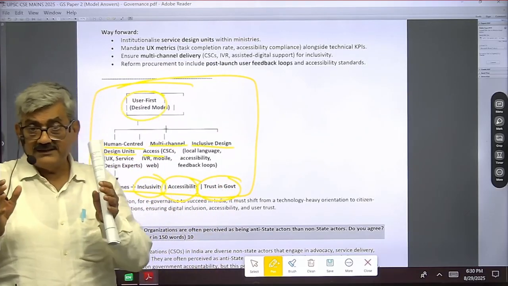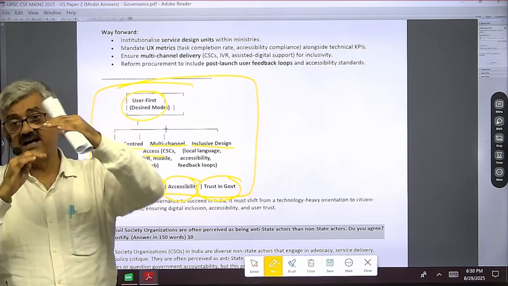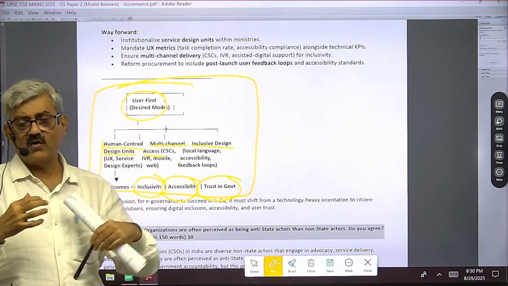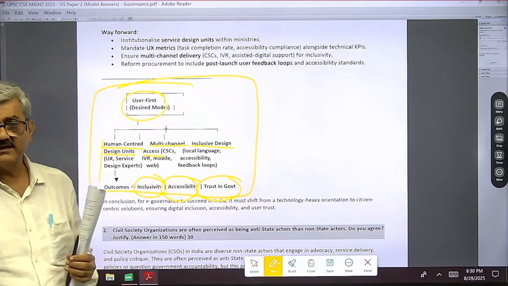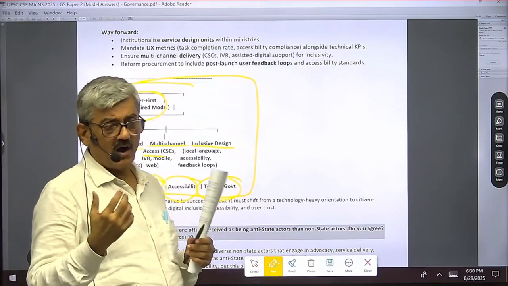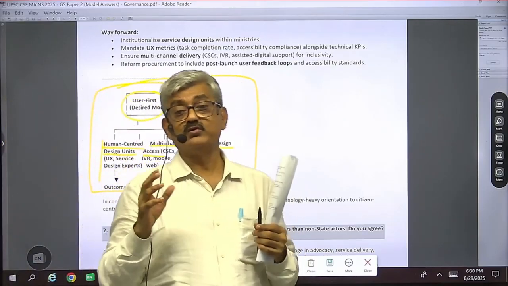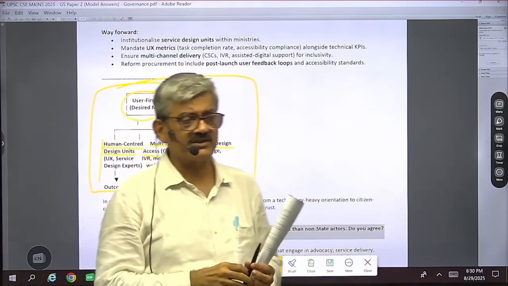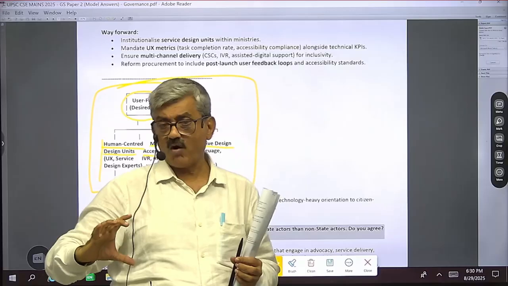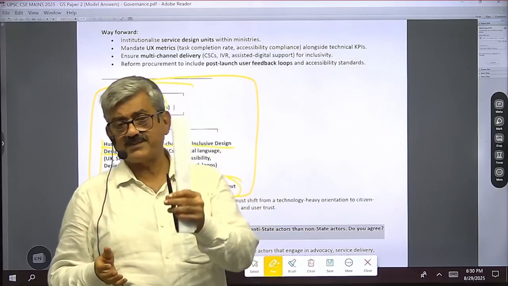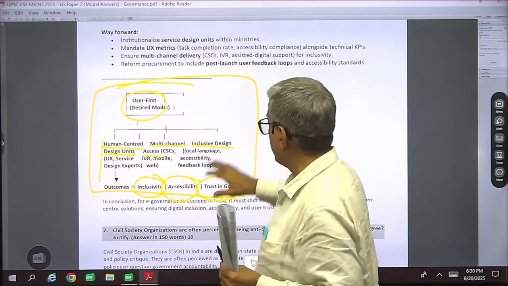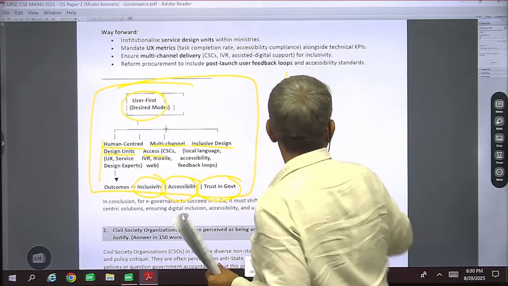Therefore, these are the three areas to be discussed in this question, and we are also providing a way forward on how to make it more user friendly. If we frame our question in terms of these three important dimensions and aspects, I think we can do justice to this question and we should get good marks.